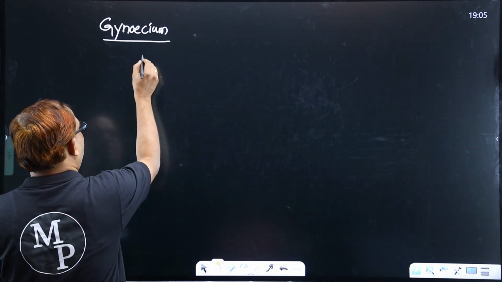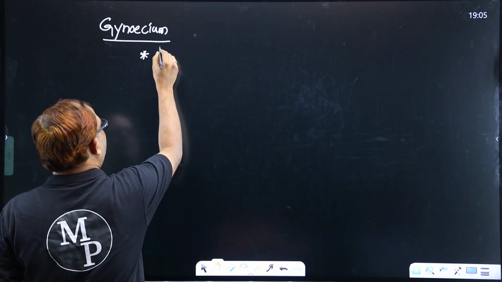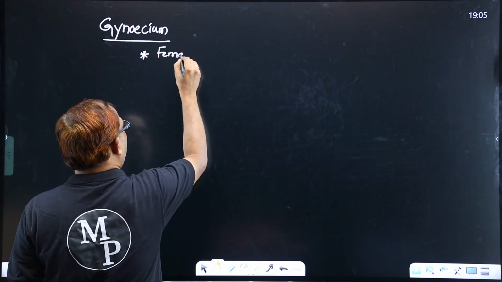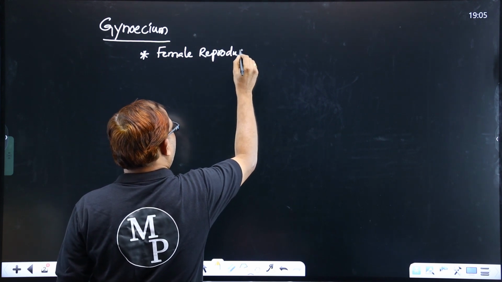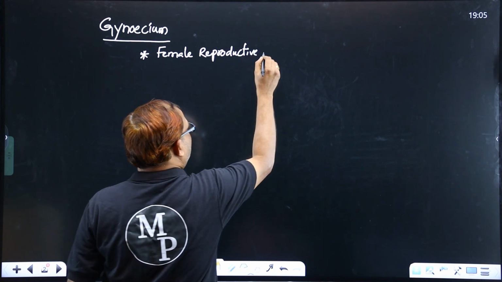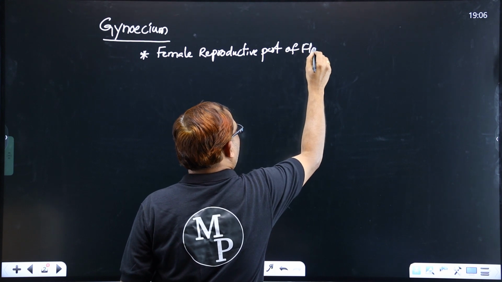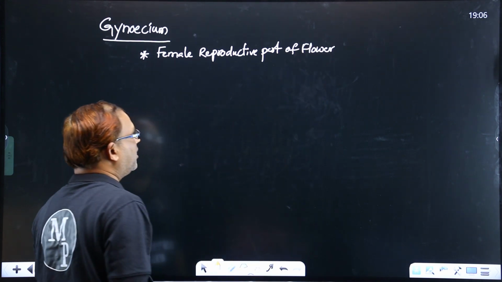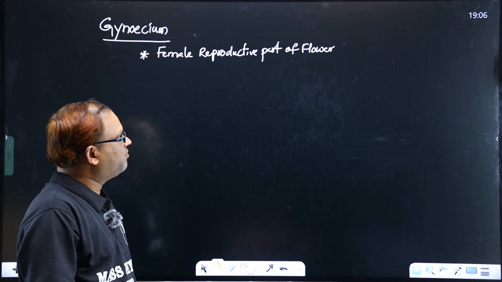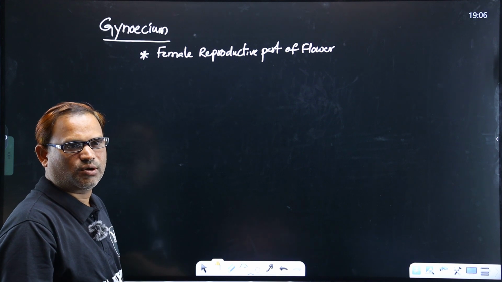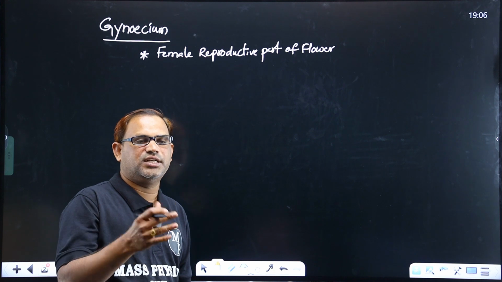Gynoecium is the female reproductive part of the flower. I already told you in the first session, a flower has 4 whorls: one is calyx, second is corolla, third is androecium, and fourth is gynoecium.